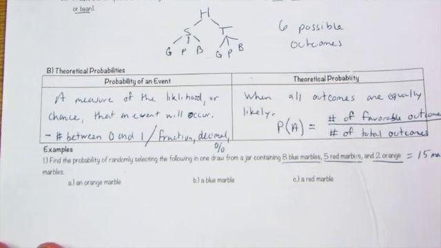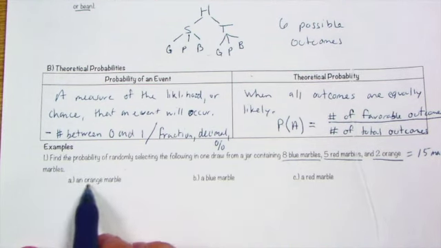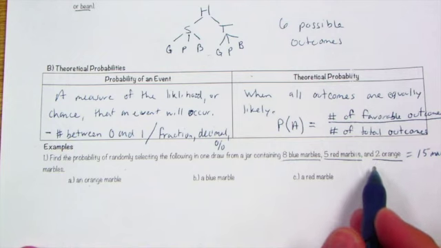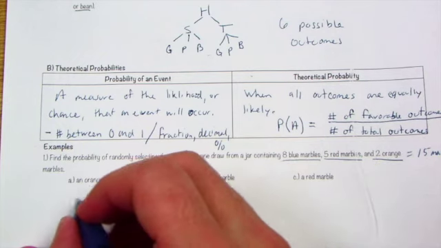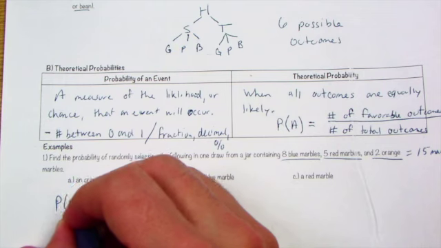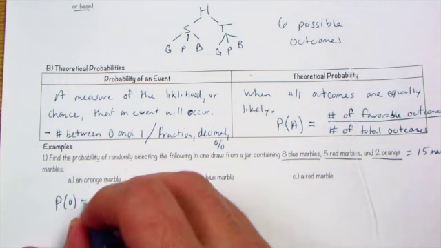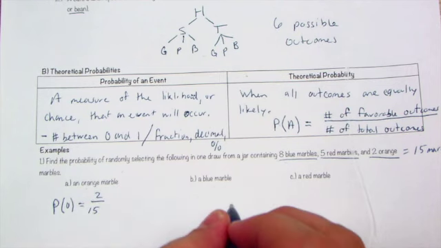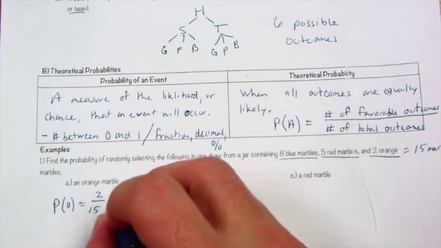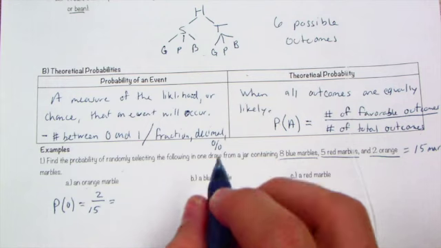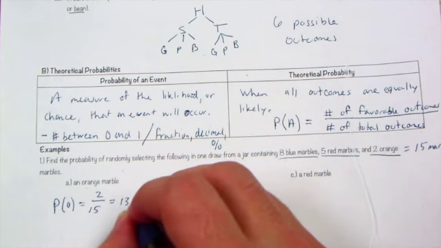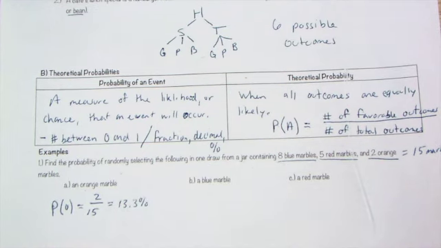So the probability of choosing an orange marble, and that's O, not 0, is 2 out of the total of 15 marbles. Now I'm going to convert that to a percent. 2 divided by 15 is 0.1333 or 13.3%.